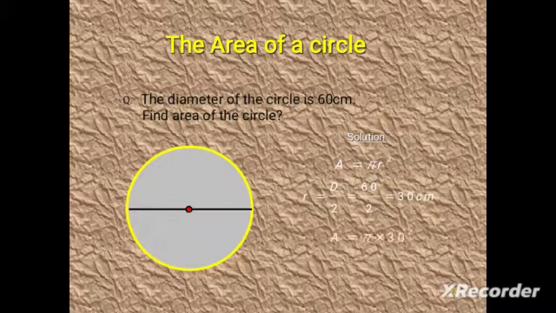Substituting that into the formula for the area of a circle, you get area is equal to 2827.43 square centimeters.